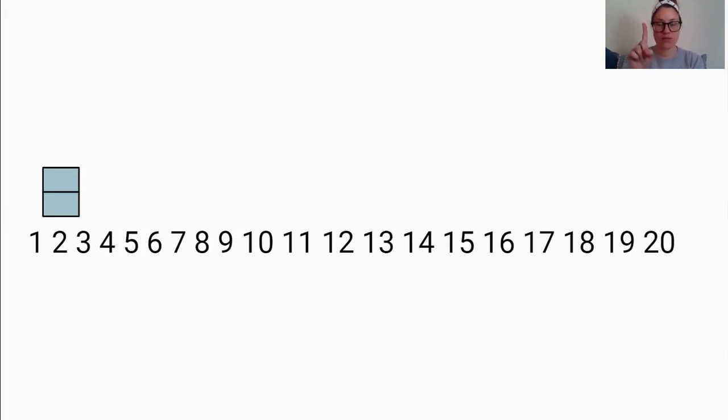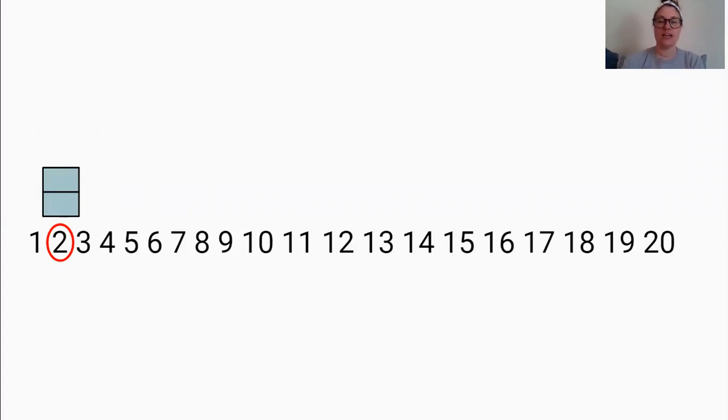We have 1 column, there's 2 tiles in each column. Right, so we could say 1 plus 1 is 2, absolutely. Because each tile has a pair, and because it's a double, 1 plus 1, we say that 2 is an even number.